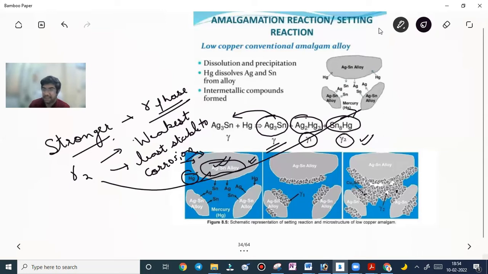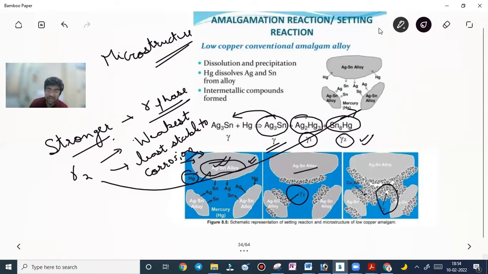Now let us discuss the microstructure of it. The set amalgam will consist of unreacted particles of gamma phase, surrounded by a matrix product of gamma 1 and gamma 2.